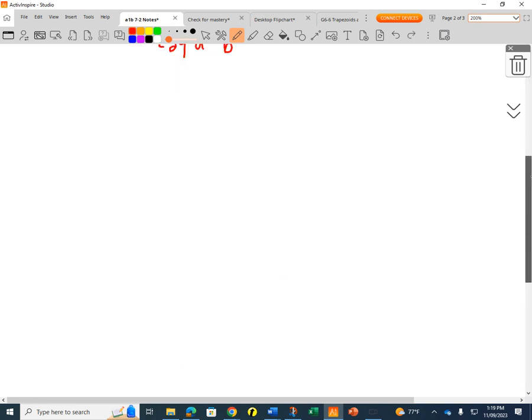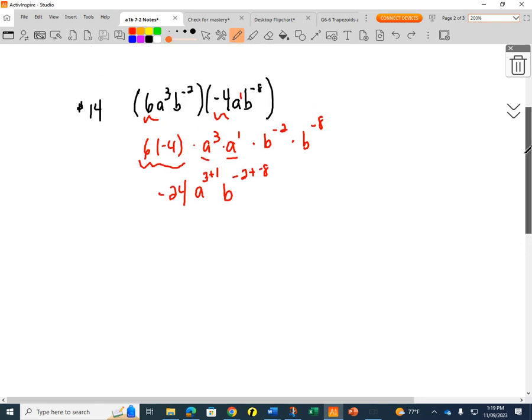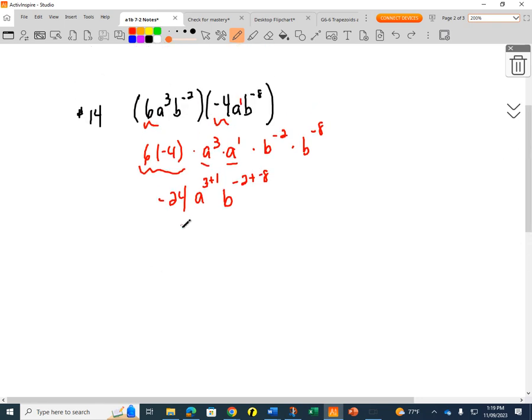So this is going to simplify, right, to negative 24 a to the fourth. And then b, we're going to add those together, the negative 10th.